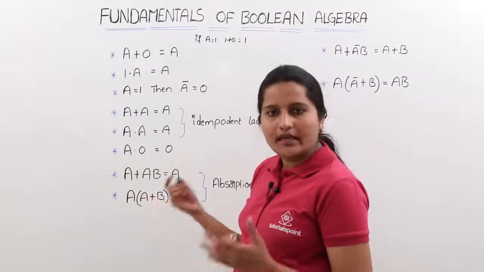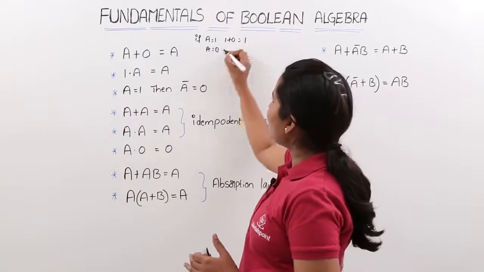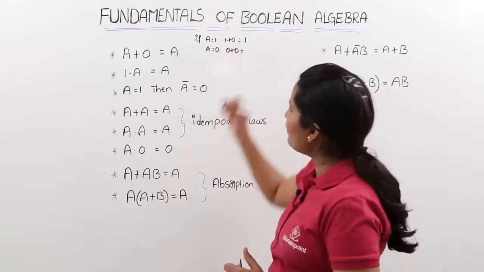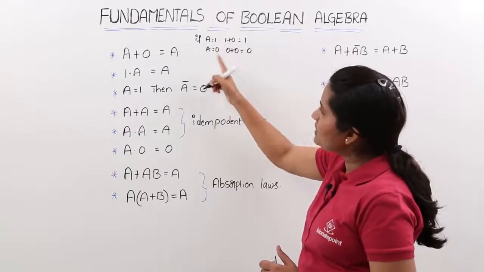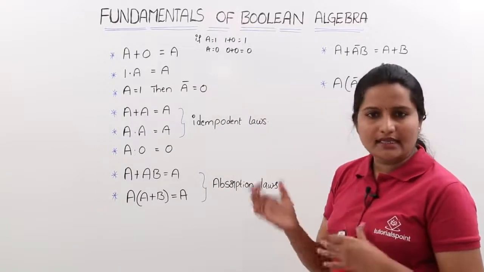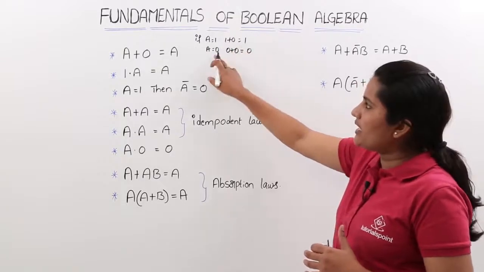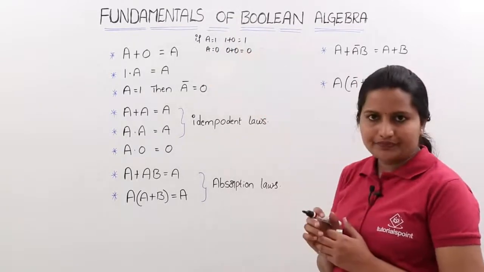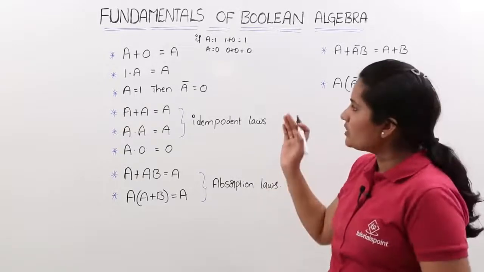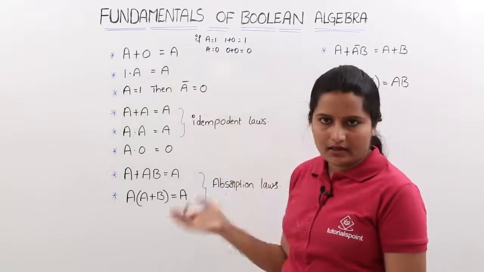If a is equal to 0, then 0 plus 0 you are getting 0. So a has only two possibilities, either 1 or 0. If a is 1, you get 1, if a is 0, you get 0. Whatever a you are taking is coming in the output. So that's why a plus 0 is nothing but a.